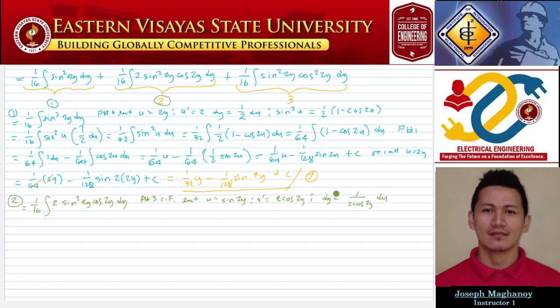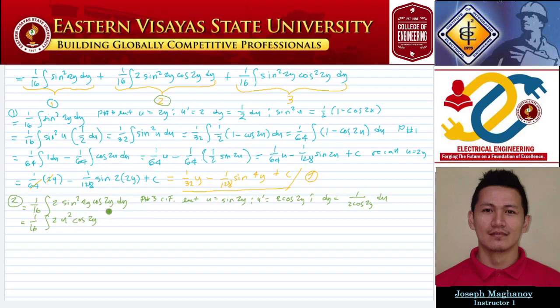Okay, apply your correction factor. 1 over 16 integral of 2, you replace your sine 2y with u, then remain the power, then copy the remaining cosine 2y.